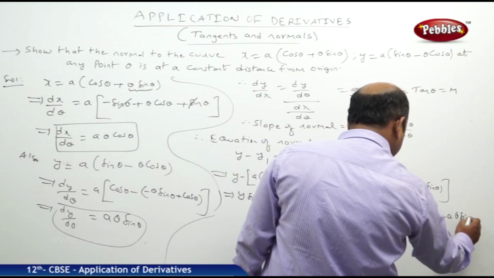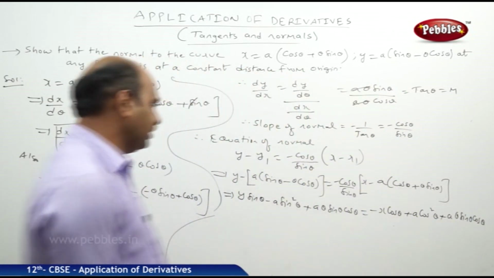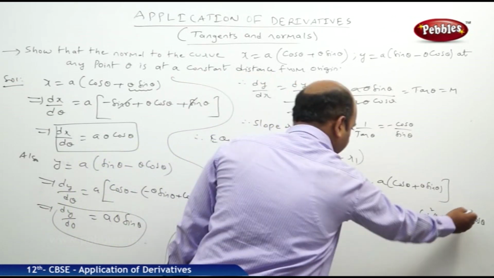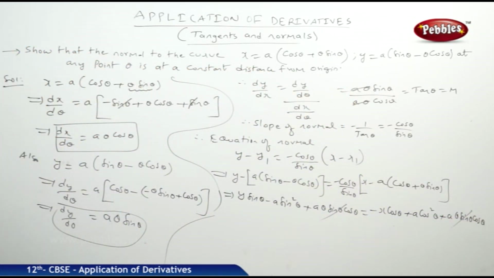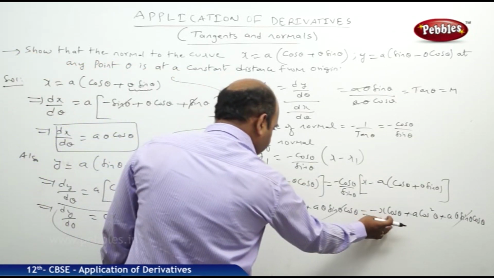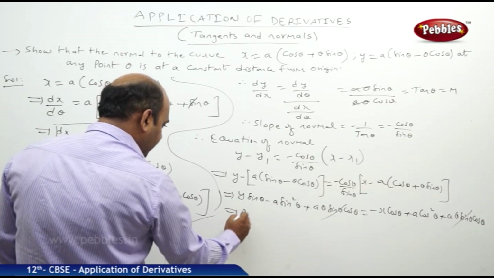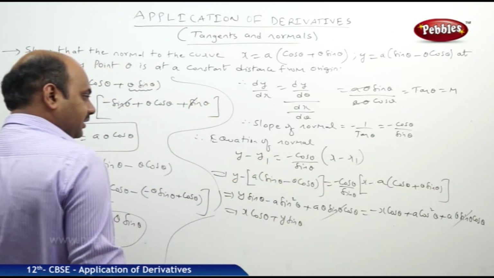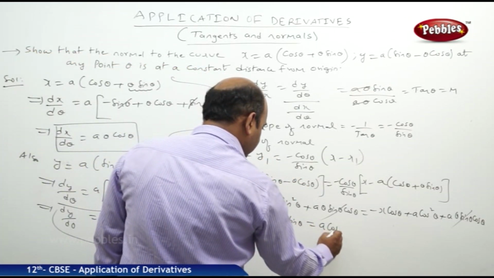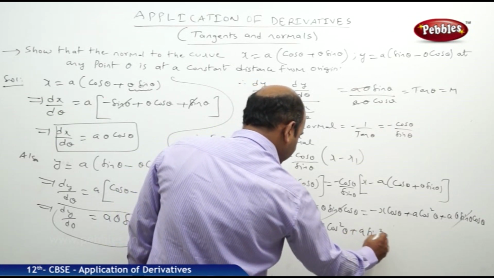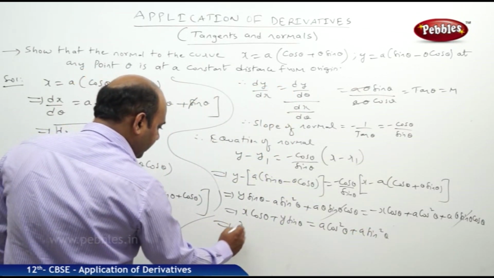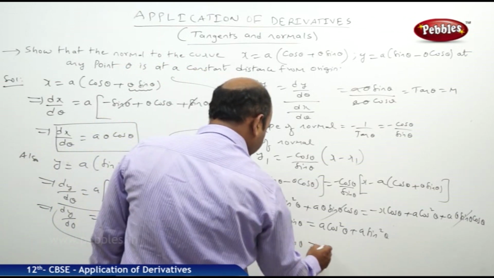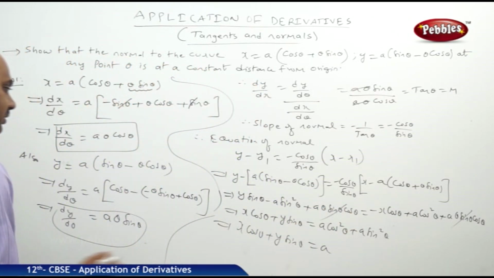So a theta sin theta cos theta. If you could observe carefully, a theta sin theta cos theta, a theta sin theta cos theta will be getting cancelled, and minus x cos theta will bring to this side. So what happens? X cos theta plus y sin theta is equal to a cos square theta plus a sin square theta. So finally x cos theta plus y sin theta is equal to a, because if I take a common, cos square theta plus sin square theta.